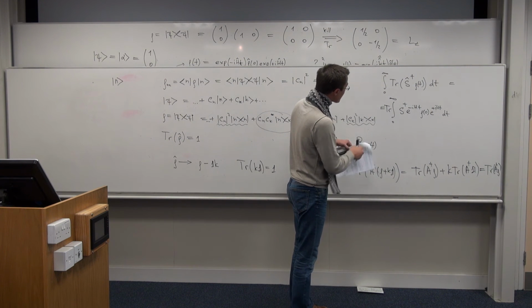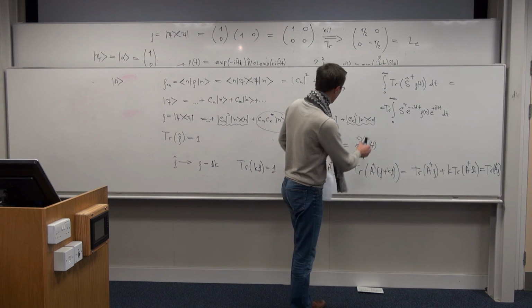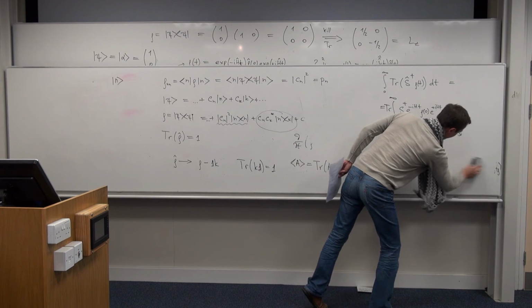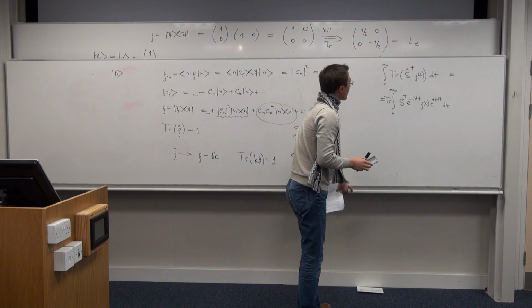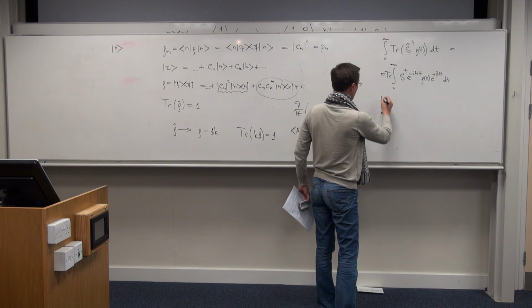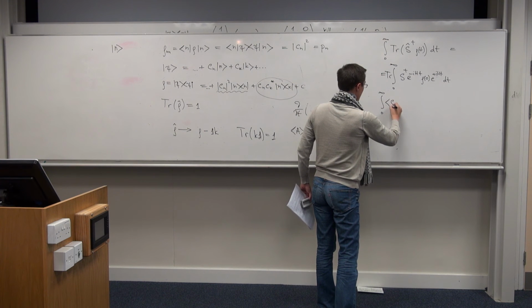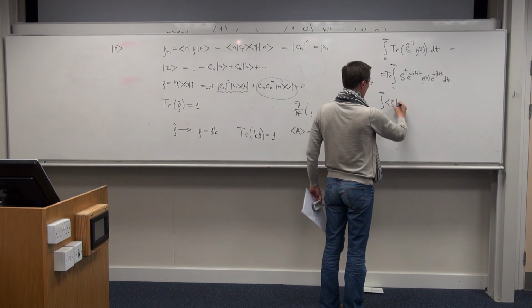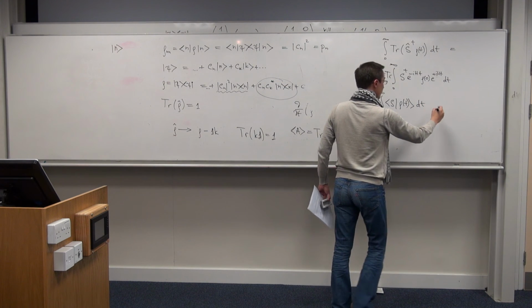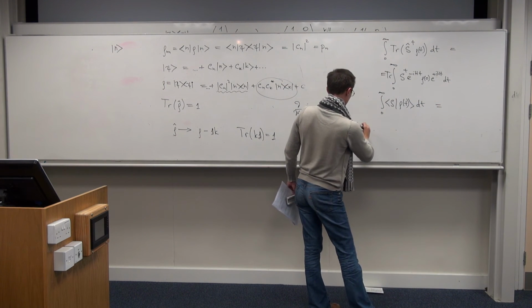So okay, let us now reformulate the same problem in Liouville space. What we will have is the integral from 0 to infinity, singlet state vector, rho t dt. That would be singlet out of the integral because it's constant.